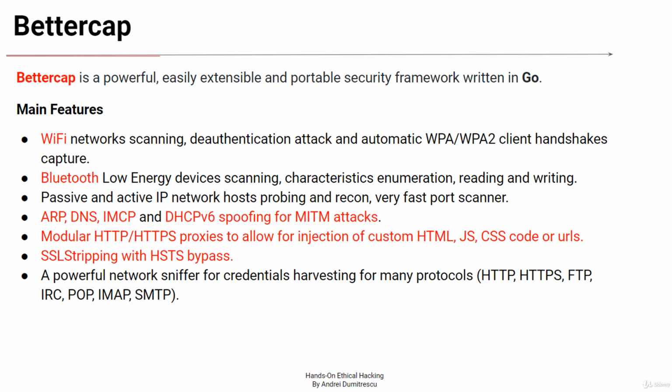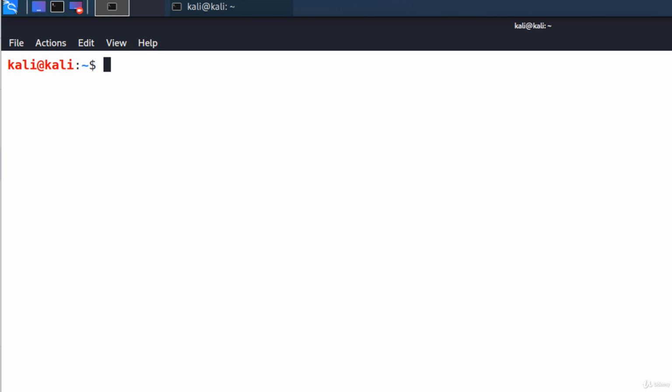It manipulates HTTP, HTTPS, and TCP traffic in real time, sniffs credentials for protocols like HTTP, HTTPS, FTP, IMAP, POP, or SMTP, bypasses HTTPS, performs SSL stripping with HSTS bypass, and many more. It's the Swiss Army knife for network attacks and monitoring. Enough talking, let's go to work.